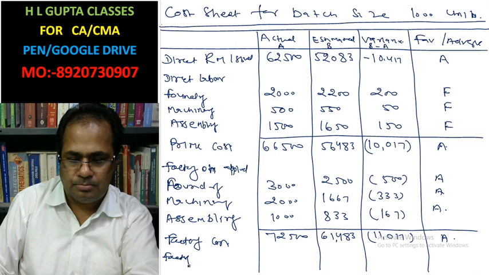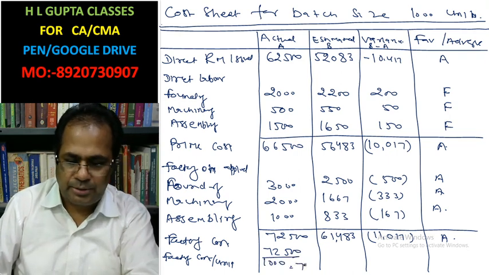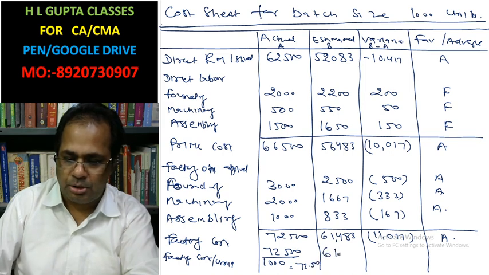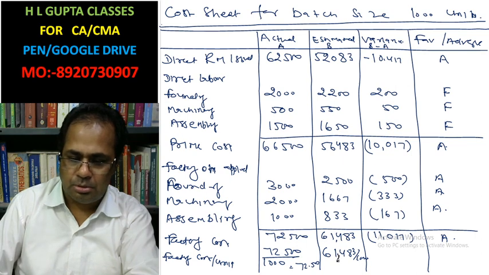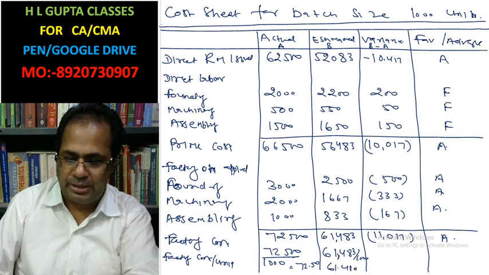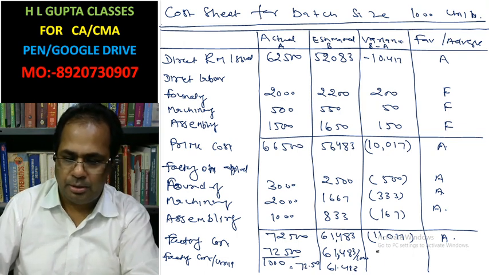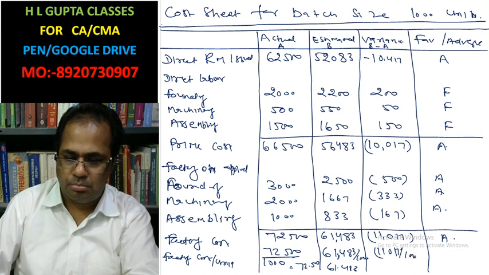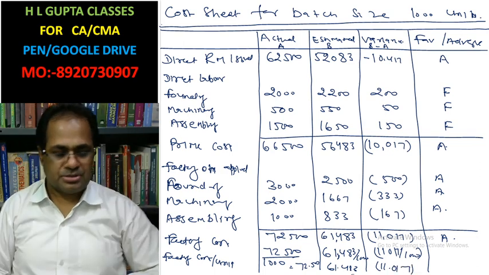Factory cost per unit: 72,500 divided by 1,000 is 72.50, and 61,483 divided by 1,000 is 61.483. The variance is 11.017. This is the question.